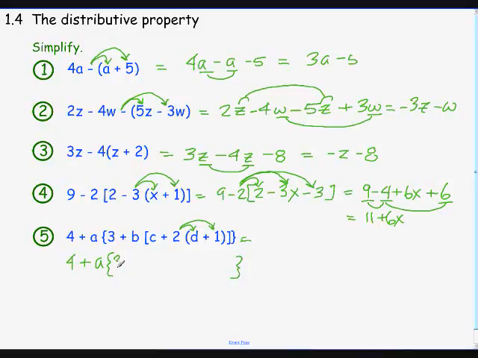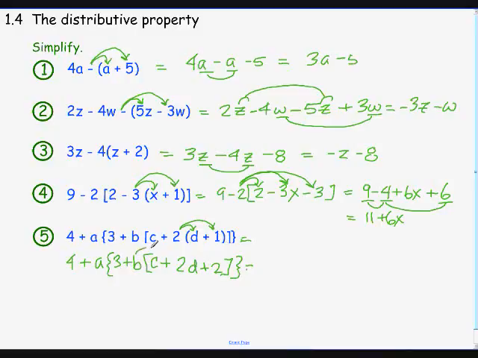It's going to be 3 plus b, and then we've got the square bracket, and I'm going to leave what's in the square bracket alone. The only thing I'm actually going to change is going to be right here. So it's going to be a plus 2d plus 2. I don't have any like terms to combine there.